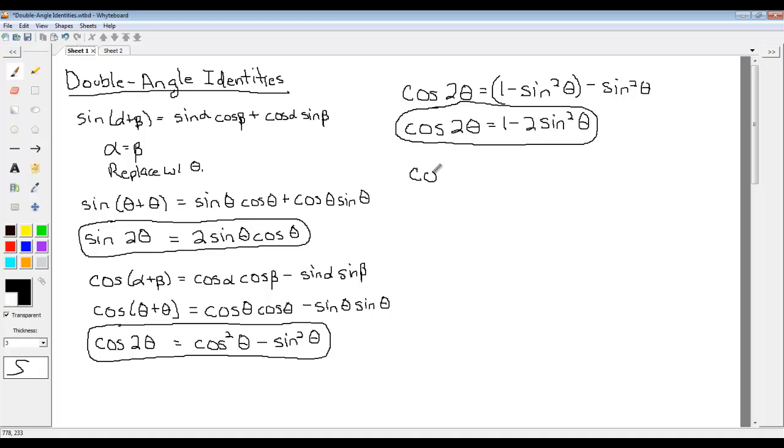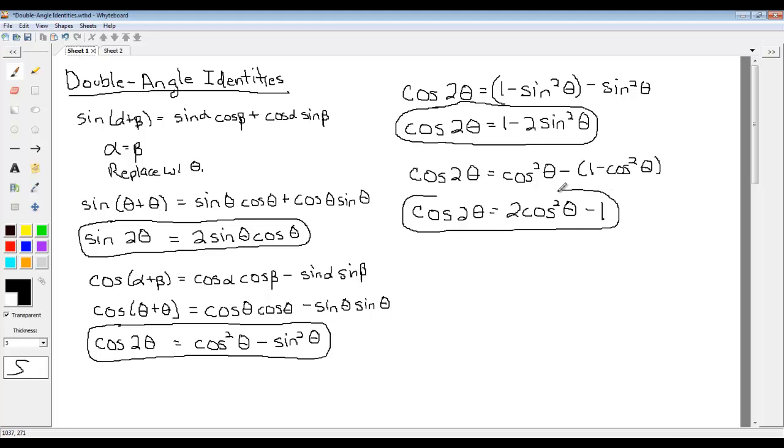Or rather, what if we replace sine squared theta with 1 minus cosine squared theta? Then we've got cosine 2 theta equals 2 cosine squared theta minus 1. So yet another one of our double angle identities.